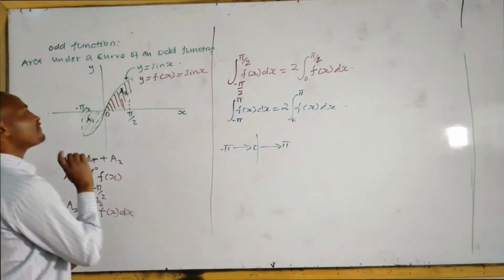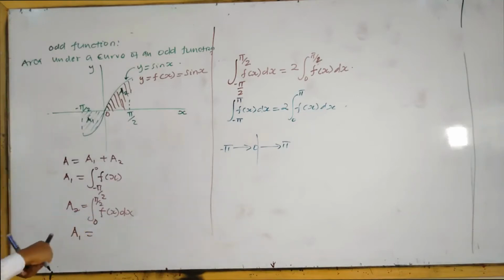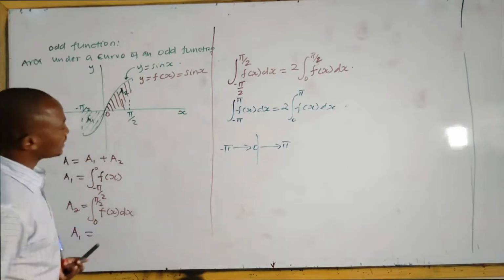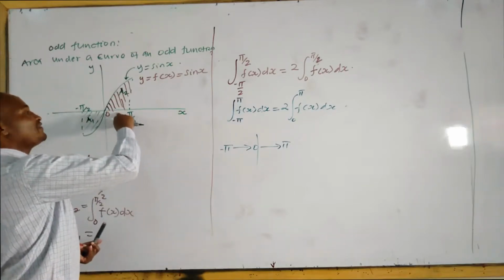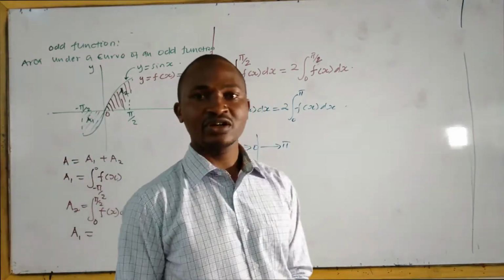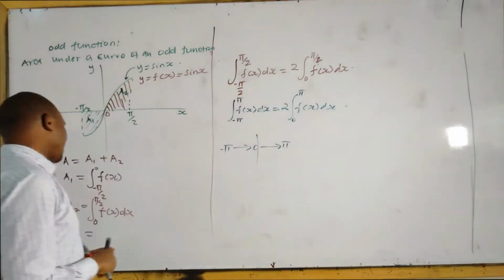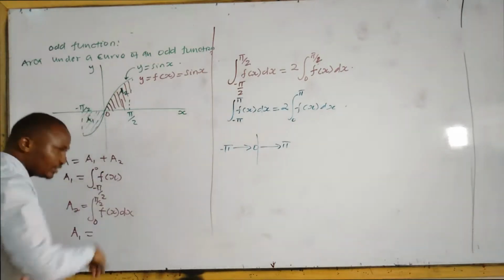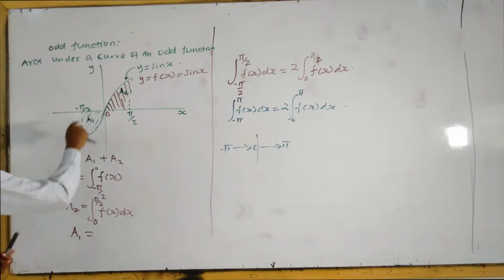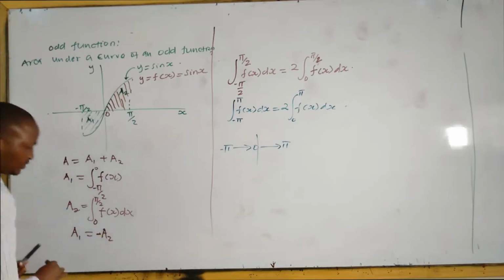We are also integrating the same function, sin x, so both areas will be equal, only that the area below the x-axis is taken to be negative and the area above the x-axis is taken to be positive. Of course, in real life there is no negative area, but in calculation of areas, the area below the x-axis is taken to be negative. So because A1 is taken to be negative, A1 will be equal to negative A2.